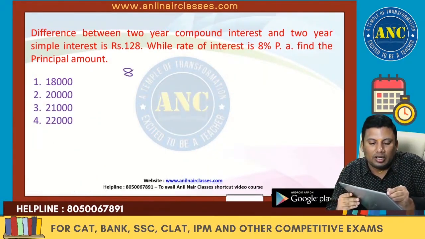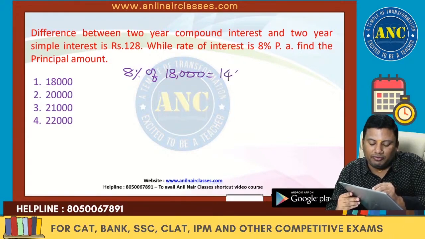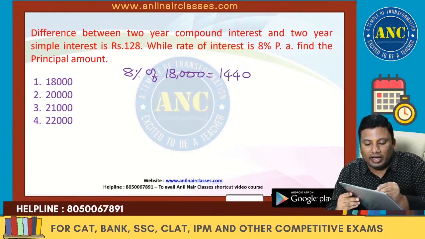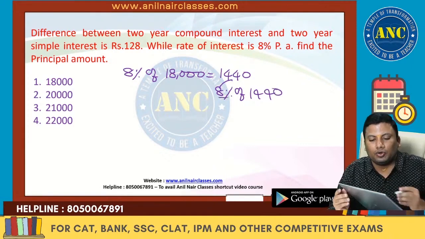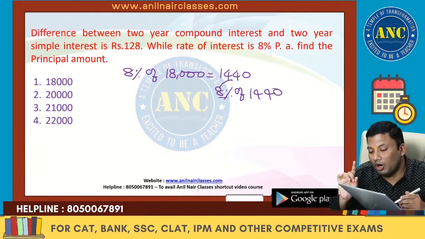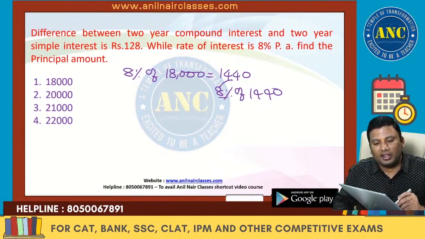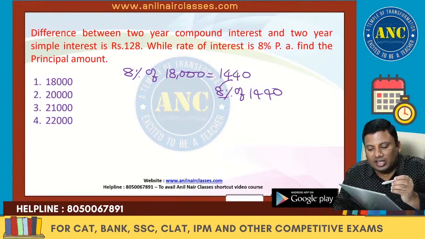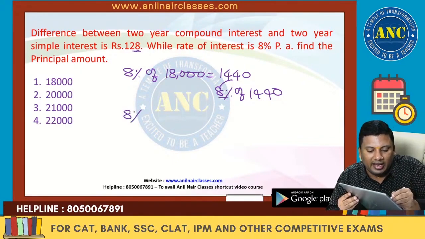First option, 8 percentage of 18,000 is nothing but 1440. Now again if I do 8 percentage of 1440, 8 fours are 32, unit digit is 2. I want unit digit as how much? I want 8.